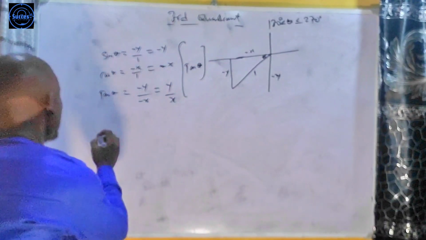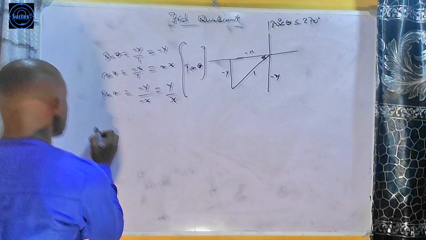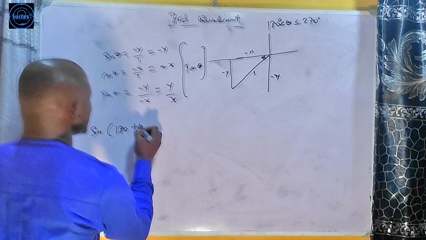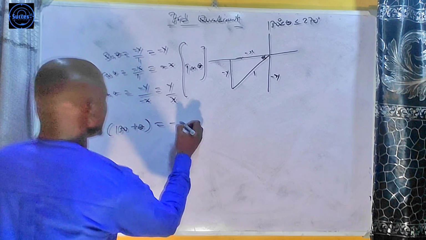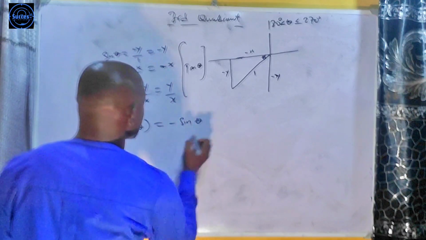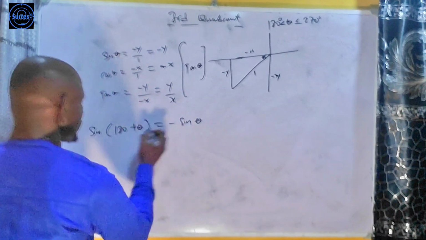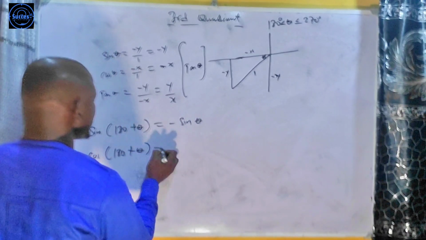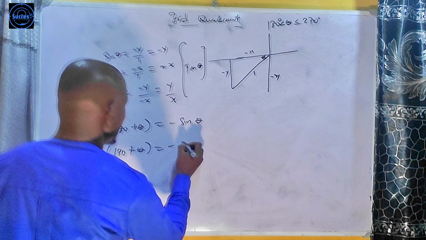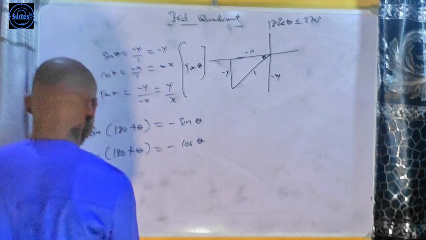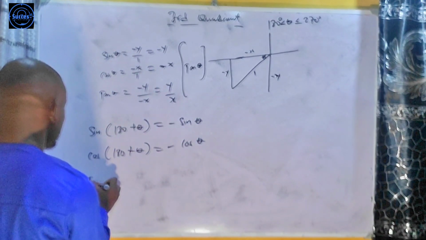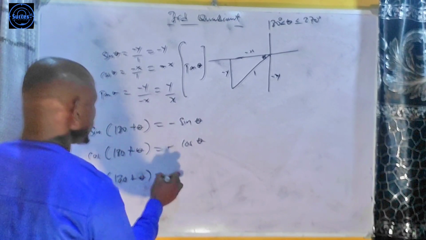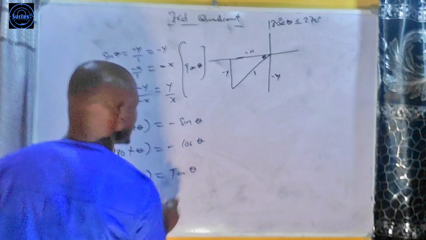In the third quadrant we have sine of 180 plus theta equals minus sine theta, cos of 180 plus theta equals minus cos theta, and tan of 180 plus theta equals tan theta.